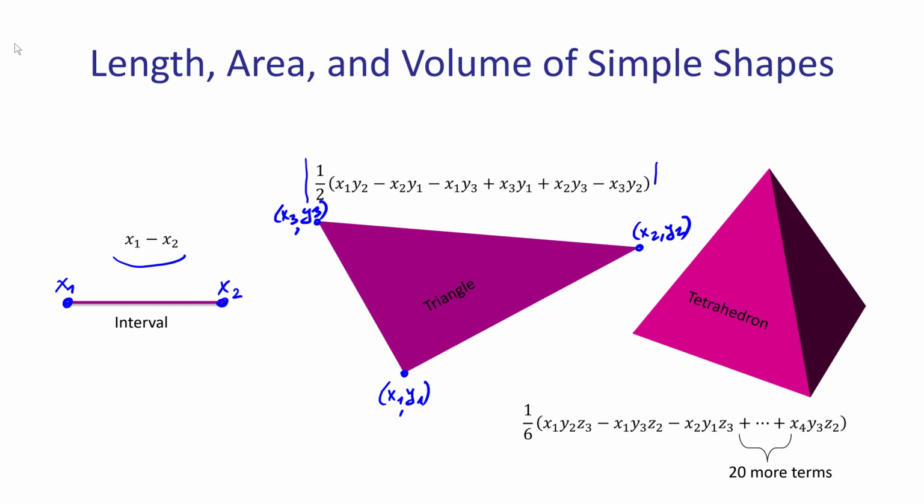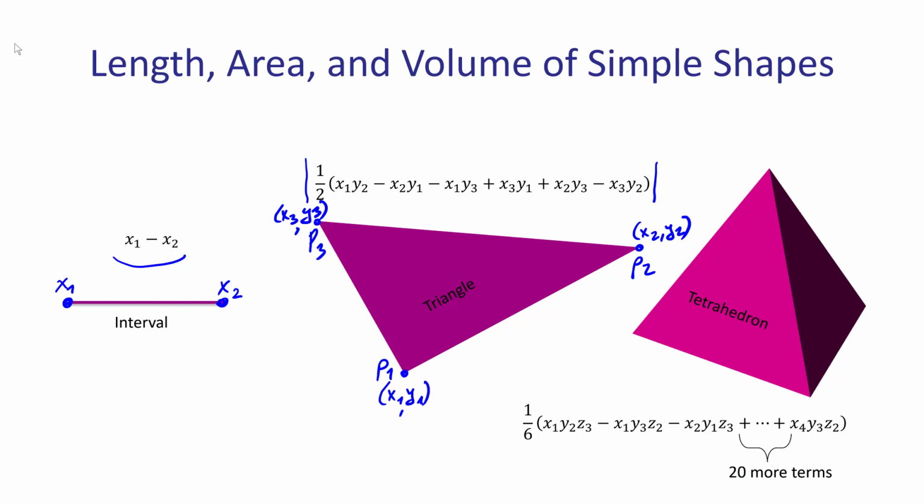This will be the area. Absolute value of that expression, which is 1/2 of x1, y2 minus x2, y1, and so on. So it's pretty complicated, and I'm not showing right now how to get to that formula, but this will be the area of just any general triangle with points P1, P2, and P3.